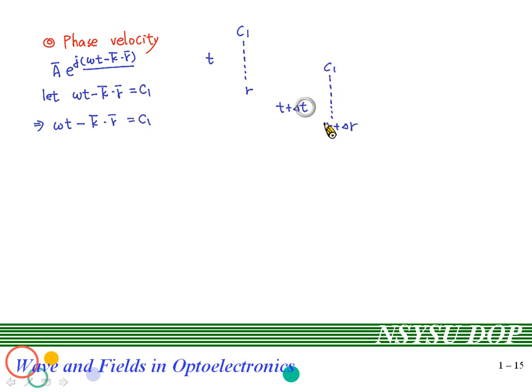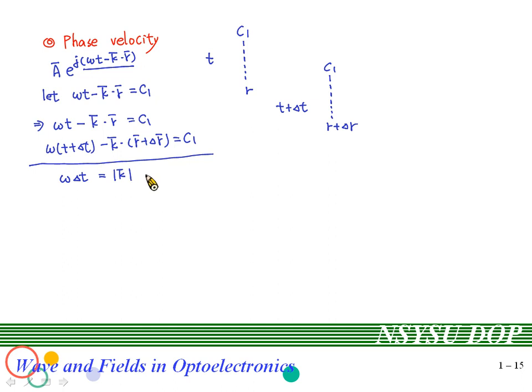For the second, we have omega times t plus delta t minus k dot r plus delta r is also C1, because we consider a fixed phase. We can deal with these two equations, which gives us that omega times delta t is equal to the absolute value of k vector times delta r.